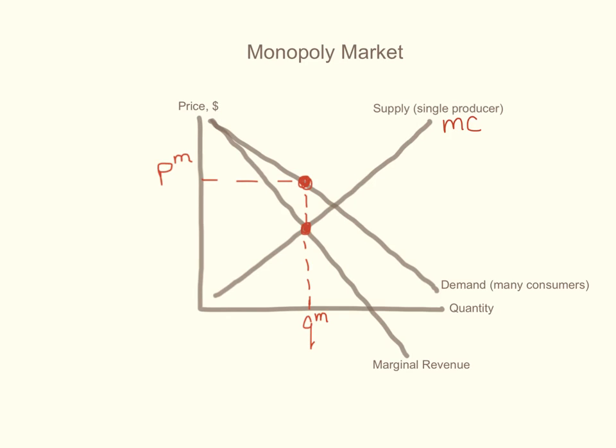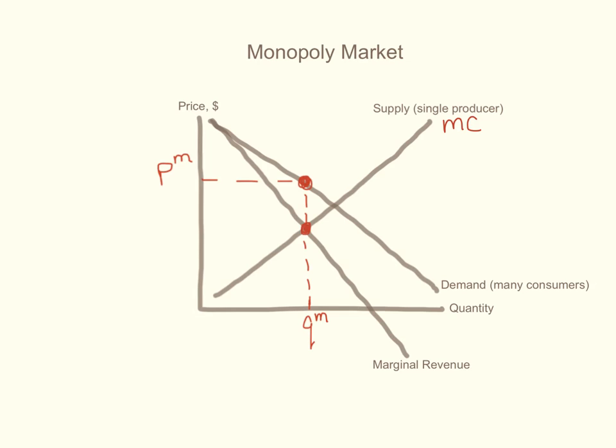So to recap, the monopolist first decides how much to produce by setting marginal cost equal to marginal revenue, which occurs right here. Secondly, the monopolist decides the price to sell at in order to exactly move QM units of the product. That's going to be the highest price that consumers are willing to pay for quantity QM.